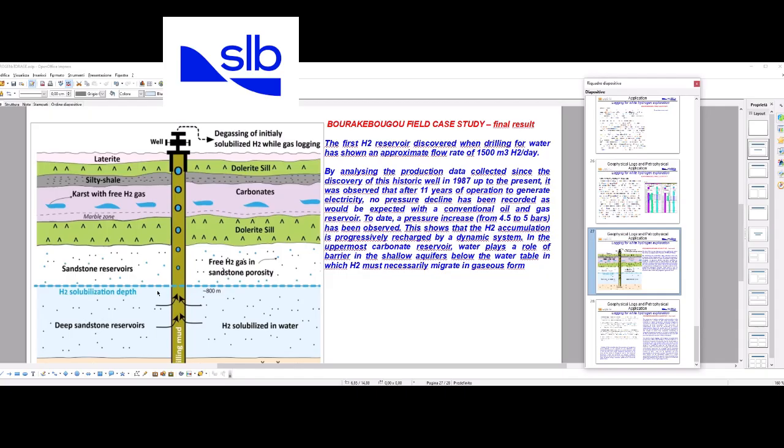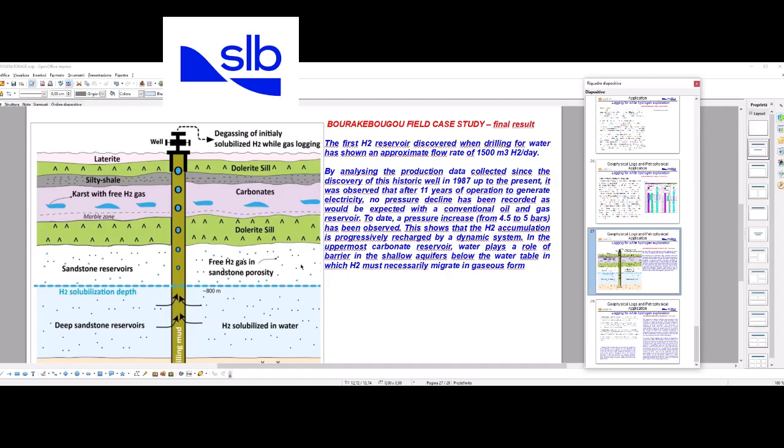So we have different situations because the carbonate is karstified, and we have much more fractures and vacuoles that are like a bubble for the hydrogen gas.